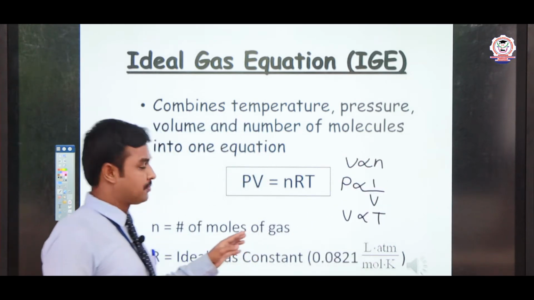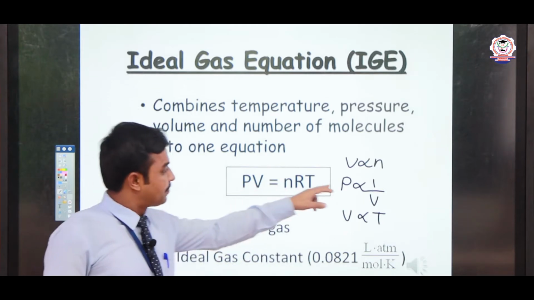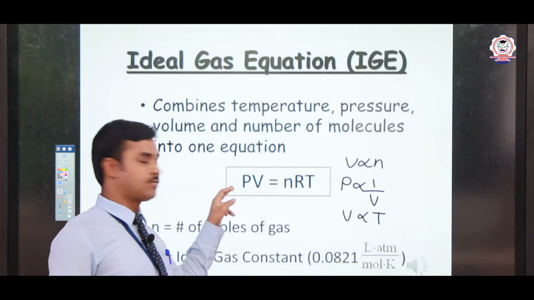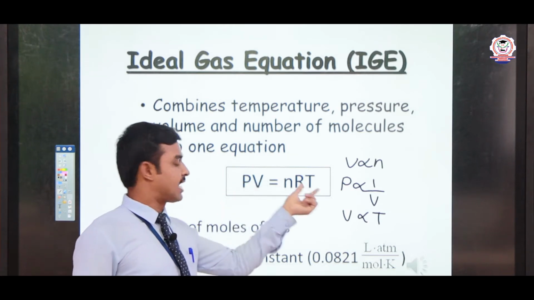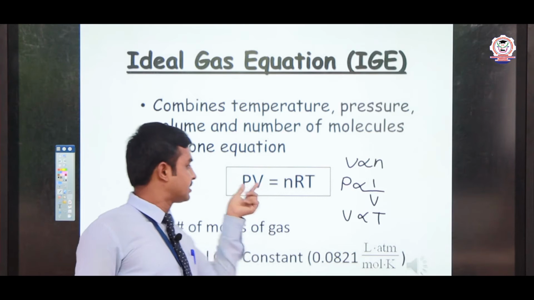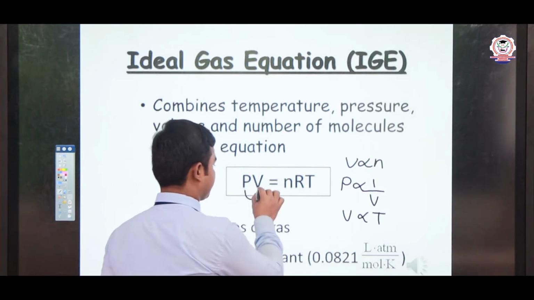See here, all the concepts are given in the ideal gas equation. Pressure is inversely proportional to volume, so pressure is multiplied with the volume. Pressure is directly proportional to temperature because volume is directly proportional to temperature, so that concept is also satisfied.